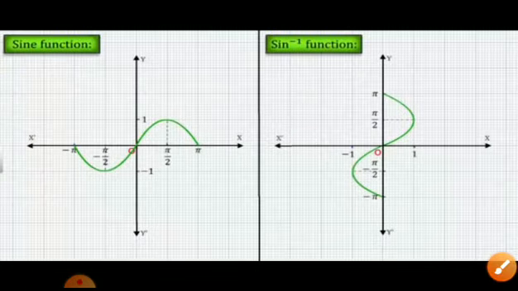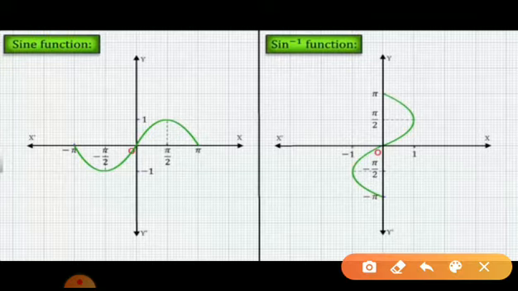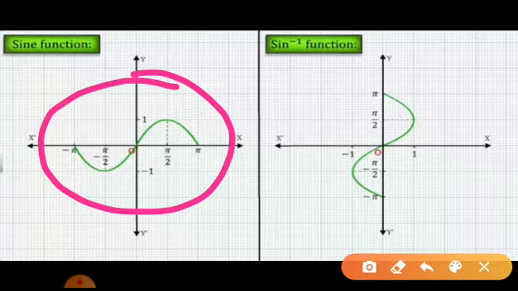Clear? So, if I plot the graph, this we know, this is my graph for the sine function. Now for the sine inverse function, my domain was what? Yes, I have to just interchange.